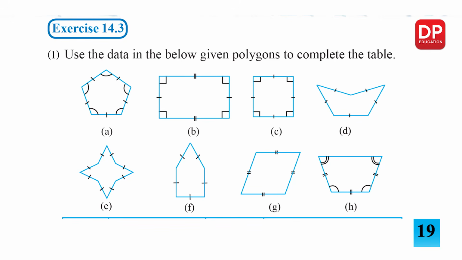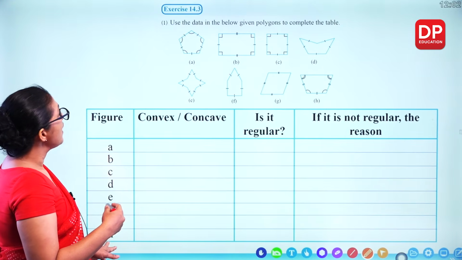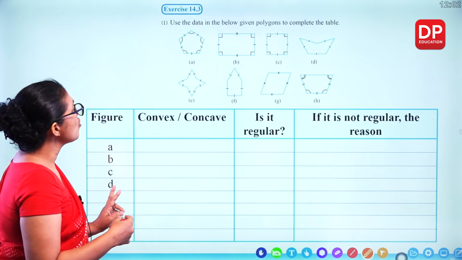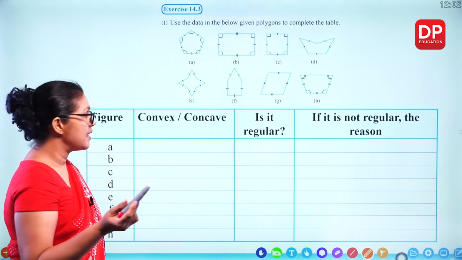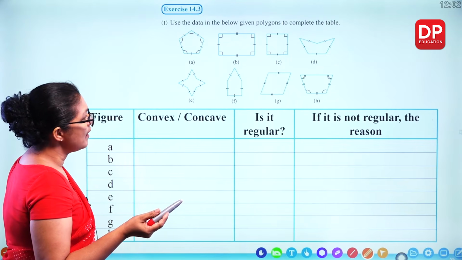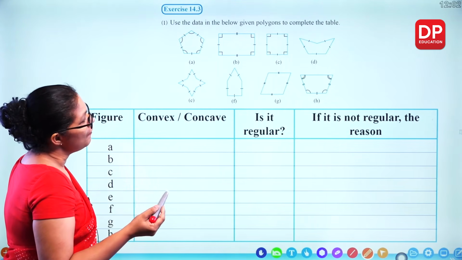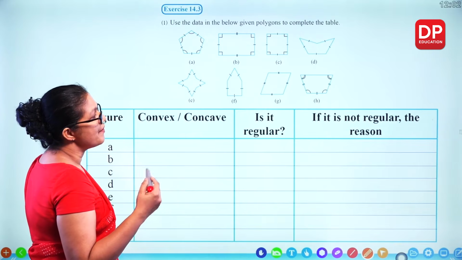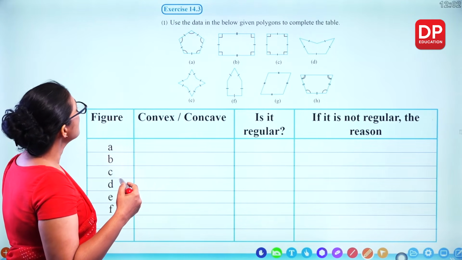Exercise 14.3. Use the data in the below given polygons to complete the table. A to H. Convex or concave. Identify, is it regular? If it's not regular, the reason. Take first one.